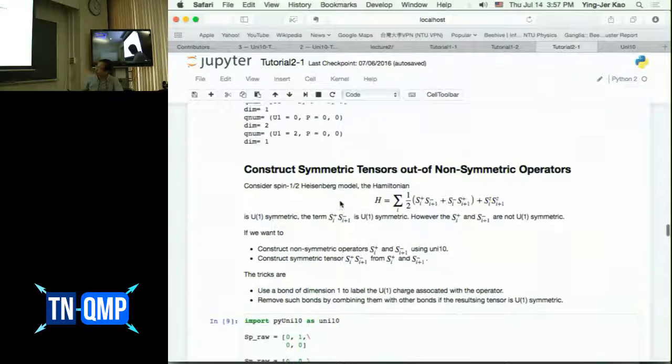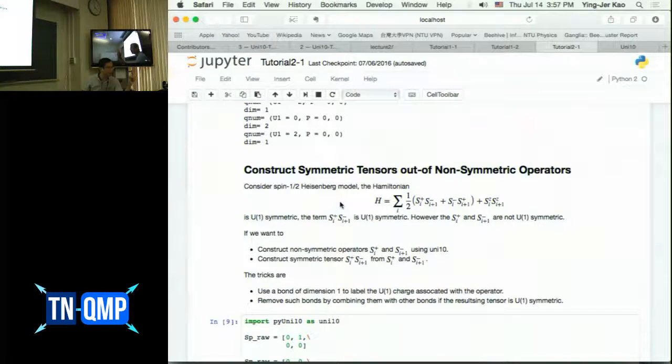Another issue, and this is some trick, is that since these are all symmetric tensors, they shouldn't carry net quantum number.